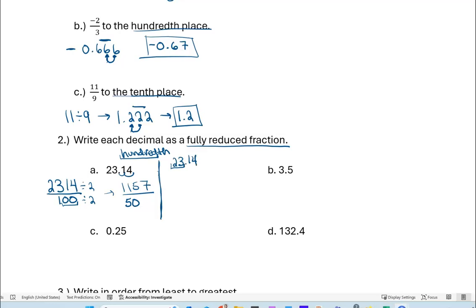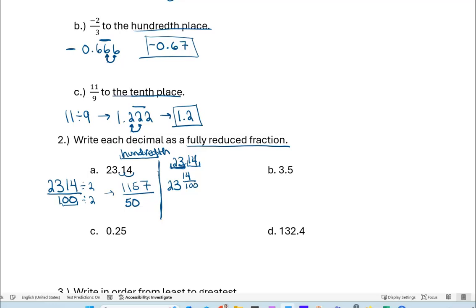So this second way is to look at this as two parts, okay? Notice I've got the 23 underlined here. A mixed number includes a whole number and a fraction. So what I can do is write that whole number, 23, and then I just rewrite the decimal portion as a fraction. In this case, it's 14 hundredths, right?